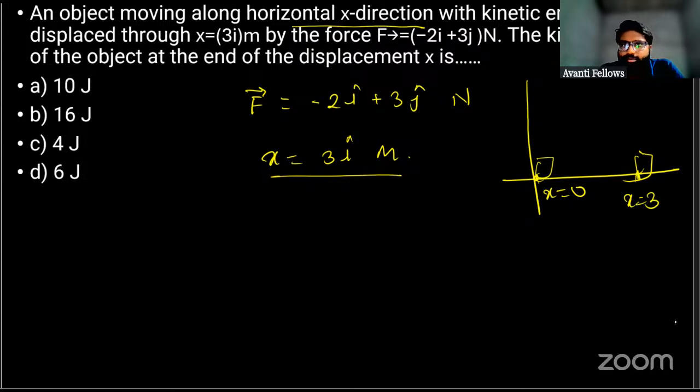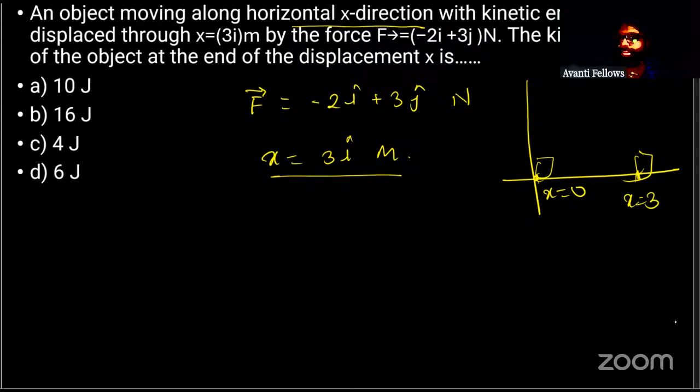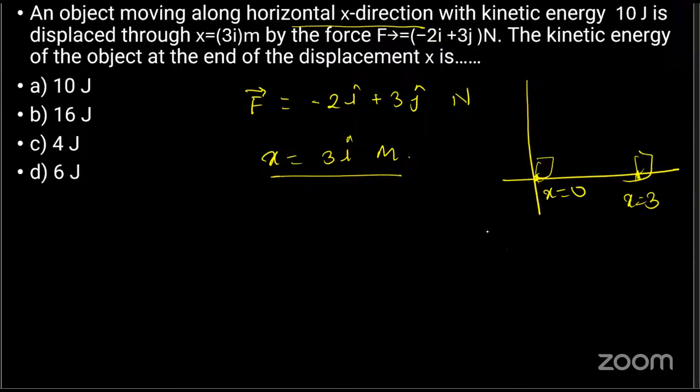What we are going to do, we are going to calculate the work done over here. Work done is F vector dot d vector.